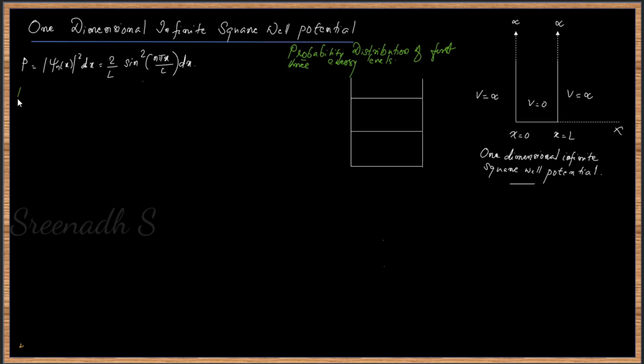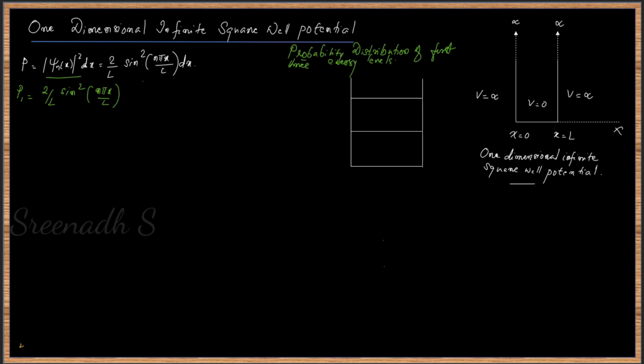For n is equal to 1, that is equal to 2 by L sin square n pi x by L. Right, so this is actually more or less psi square, right? So if you draw this figure, we just need to square the value of the previous calculations.